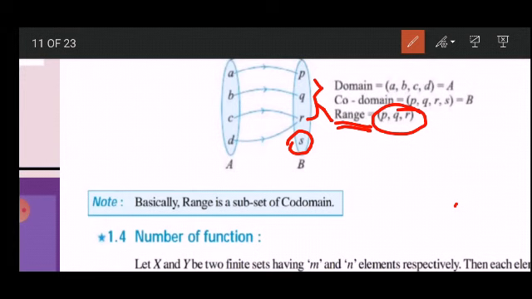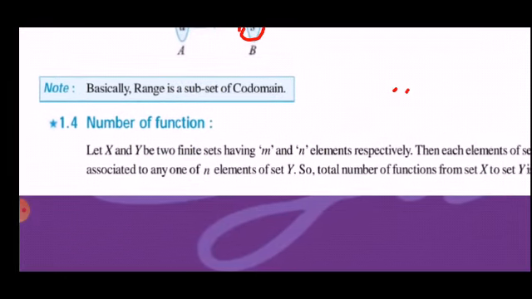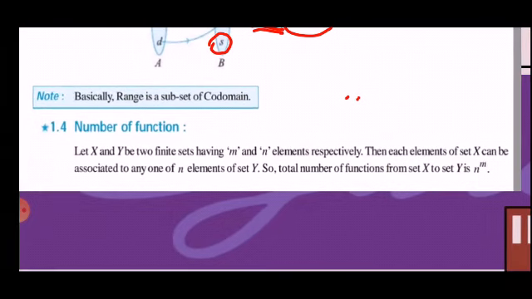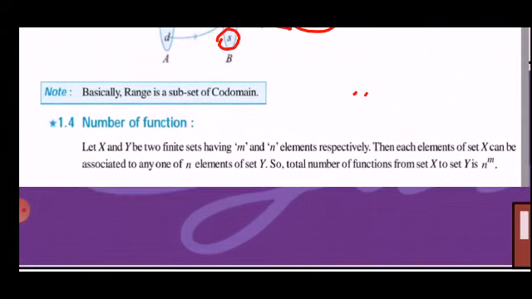Now here we discuss the number of functions. What is the number of functions? Let capital X and capital Y be two finite sets having m elements and n elements respectively. Then each element of set X can be associated to any one of the n elements of set Y, so the total number of functions from set X to set Y is n to the power m.